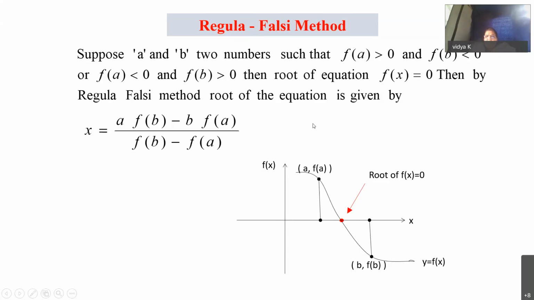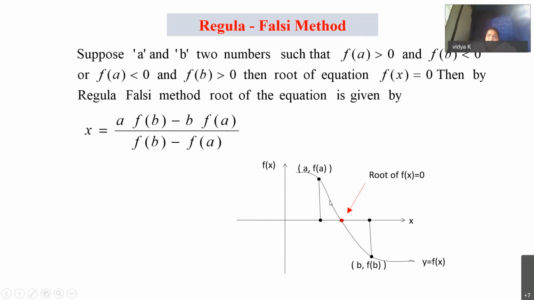Suppose I take a value here and b value here. Then f(a) should be greater than 0, f(b) should be less than 0. Then only in between those values the root lies, in between a and b.